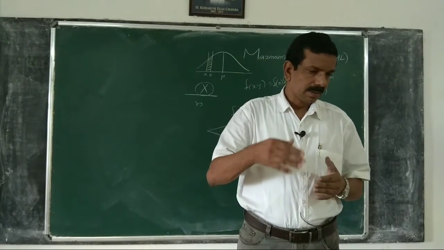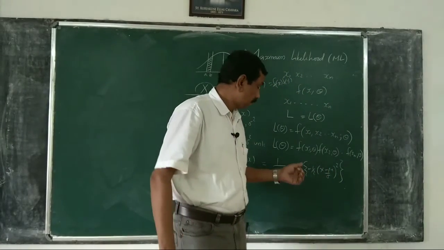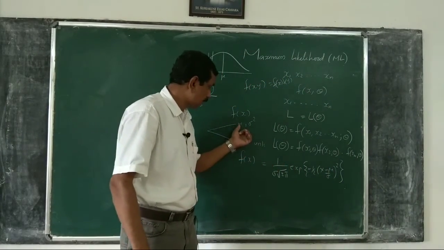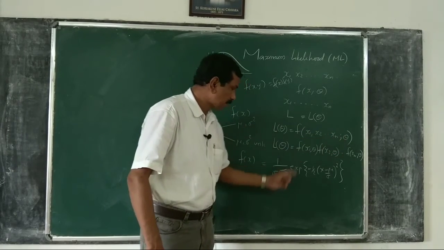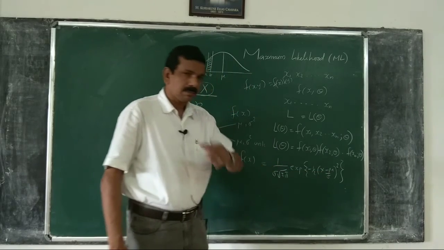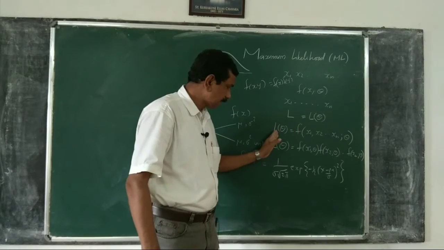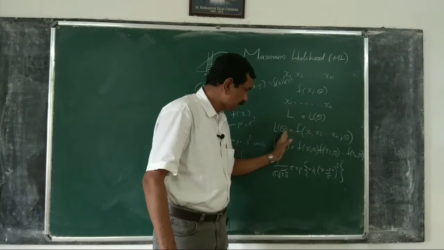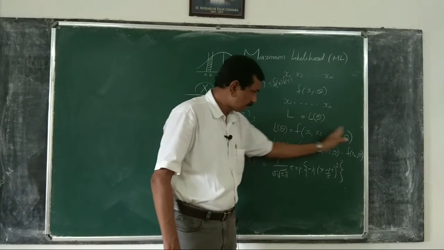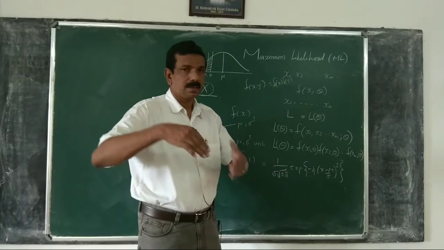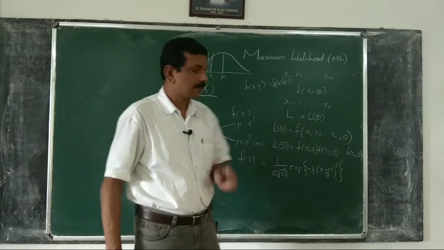So in a non-technical way, what we say is we choose as our estimators those values of theta, or mu and sigma square, which maximize the likelihood function. But in the technical way, as L theta is a function of theta, we differentiate L with respect to theta and equate it to 0. The resulting estimator is the maximum likelihood estimator.